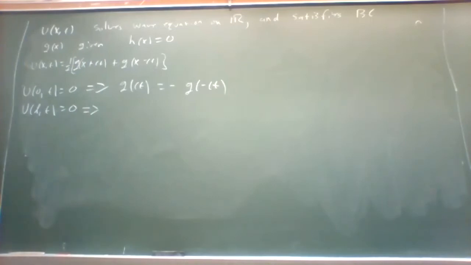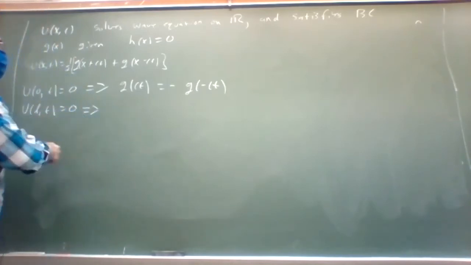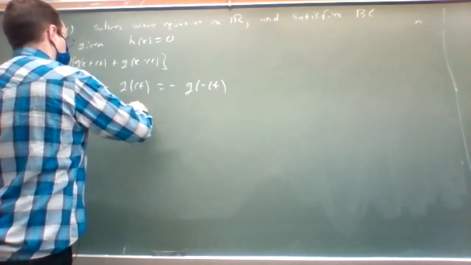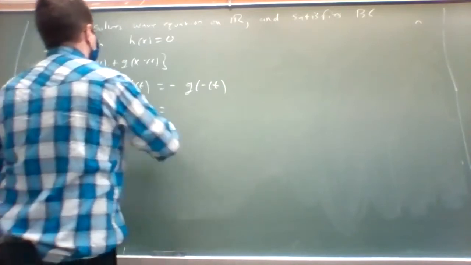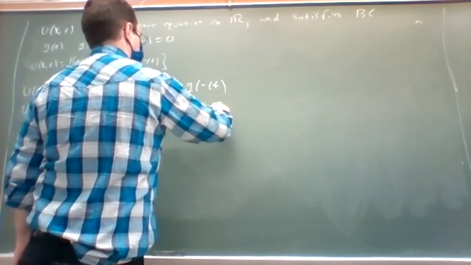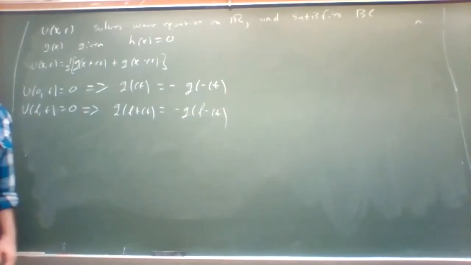And c is a fixed positive constant, it's non-zero. And similarly for L: when x is equal to L, I'm going to get g(L + ct) equals minus g(L - ct). And this tells me two things.